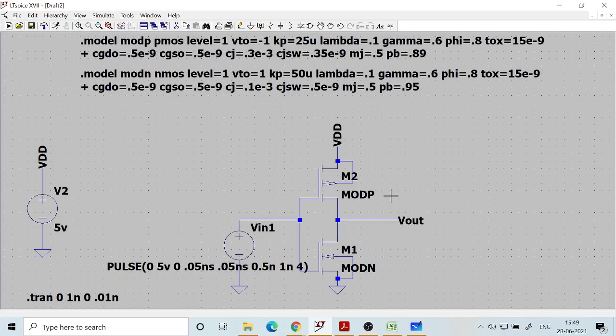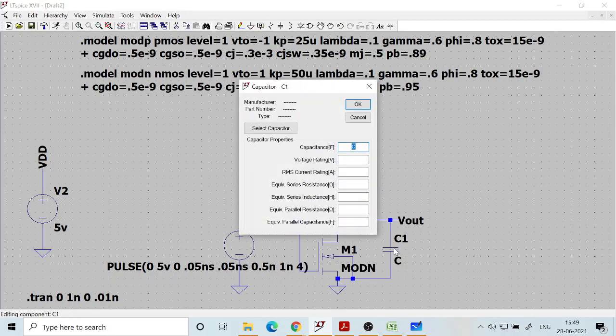Now let me introduce one more thing, the output capacitor. I am putting a capacitor. Okay, I put a capacitor. Let me give some value. So the value of CL. So CL is basically the load to the next section.